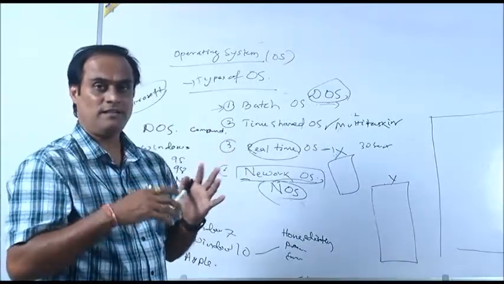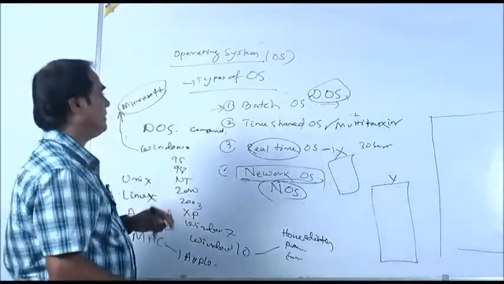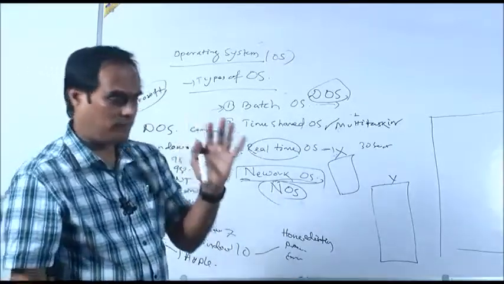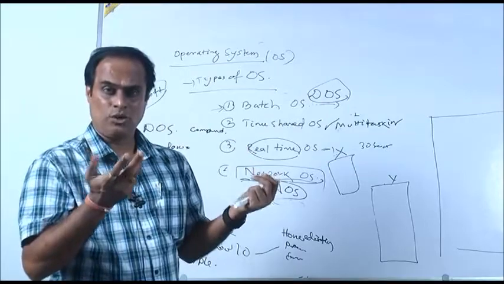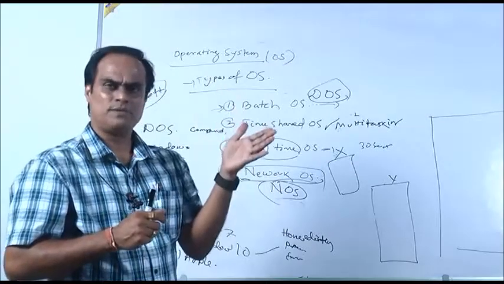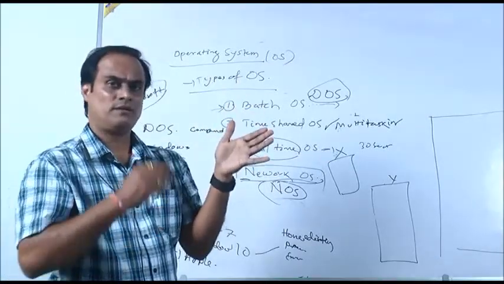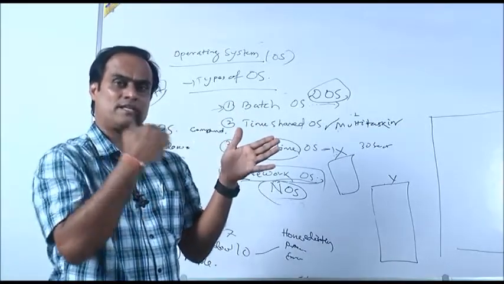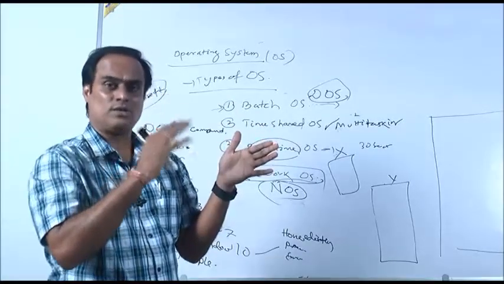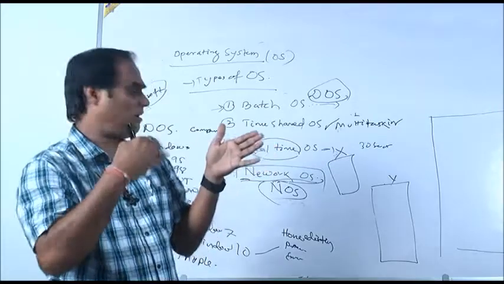So, what I explained is what the hardware is, what the software is, what the role of software is, and what the different types of software are. Software means your operating system software, application software, language software, utility software, and firmware.